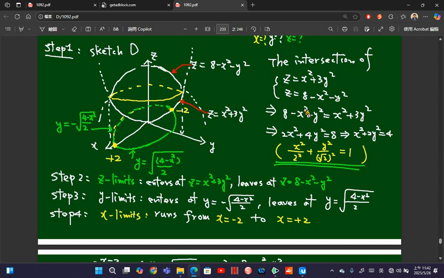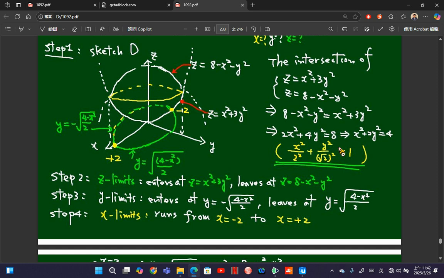So how can we do that? We can use these two equations to solve. Then you can see that the intersection of these two surfaces is an ellipse.